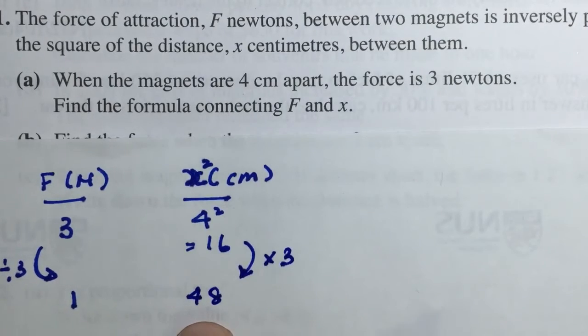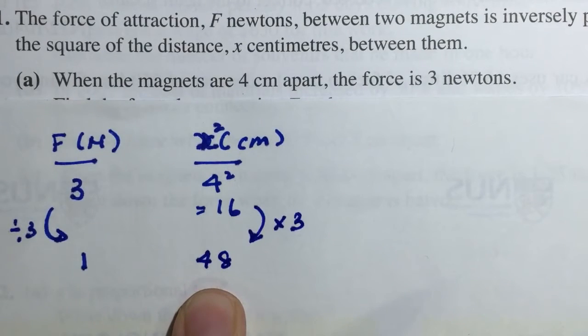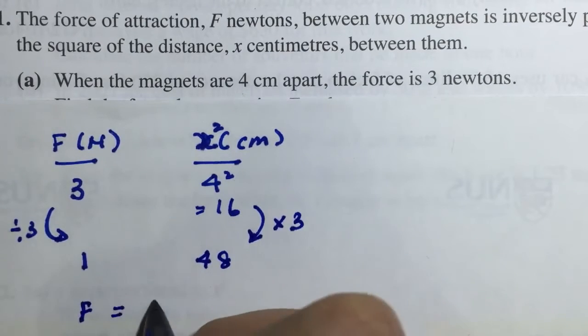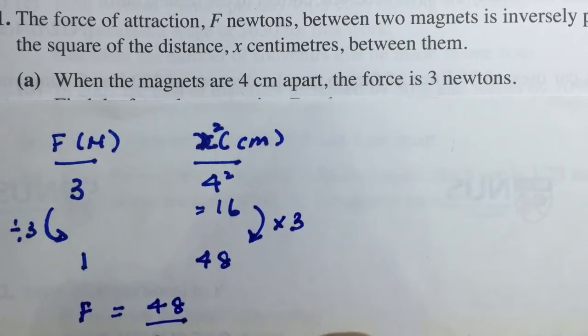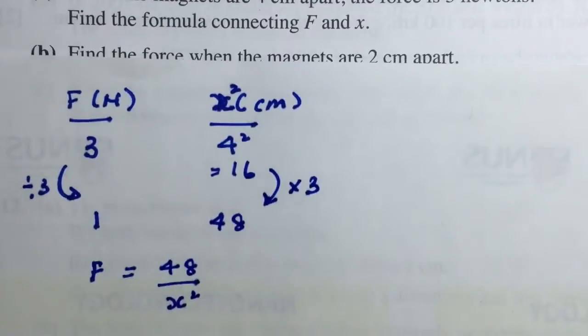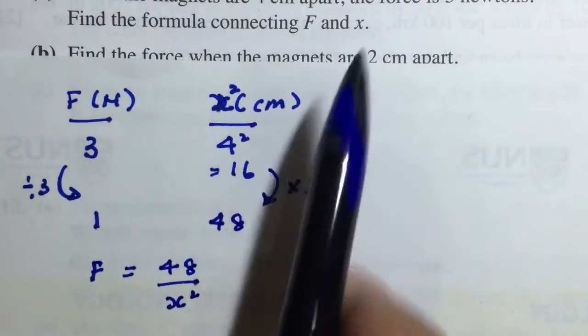So this is like the original number of chocolates that we had. How many each student will get depends on the number of students, isn't it? So we can say that F is the same as 48 over x squared. So this is the first answer for the formula connecting F and x.